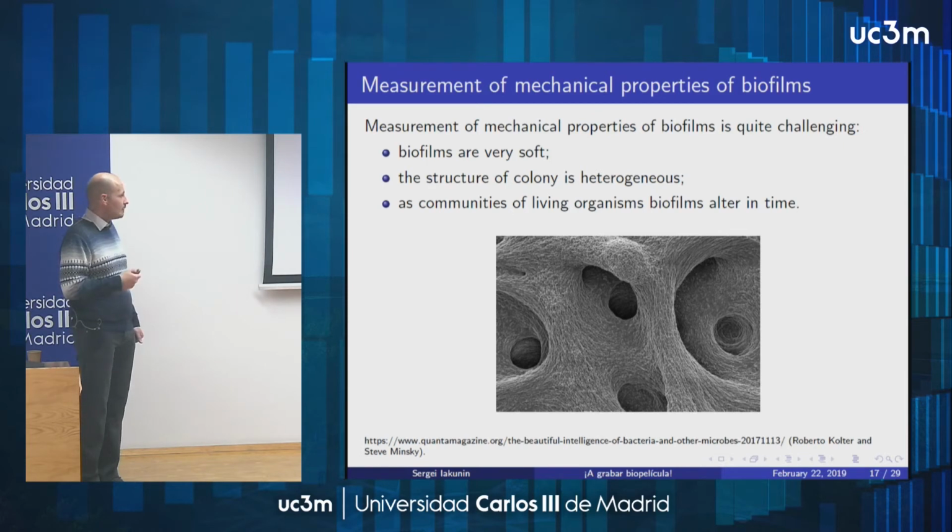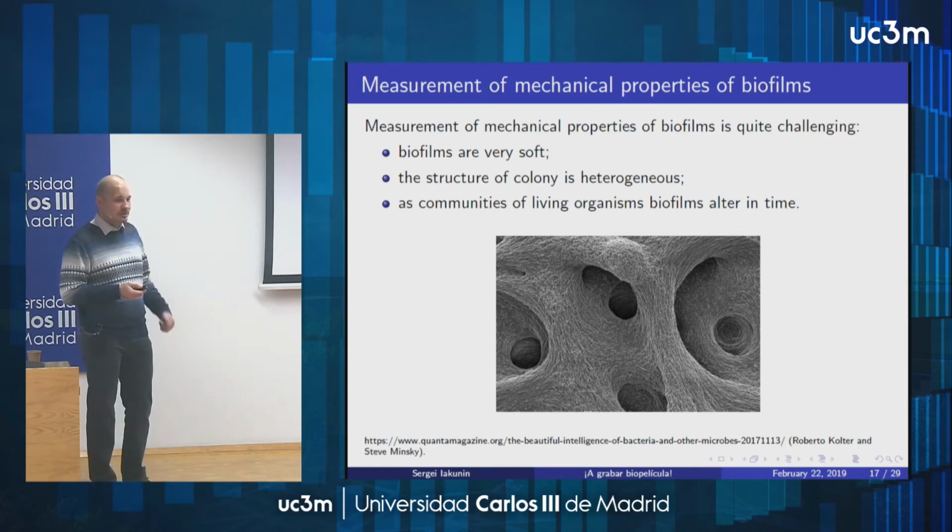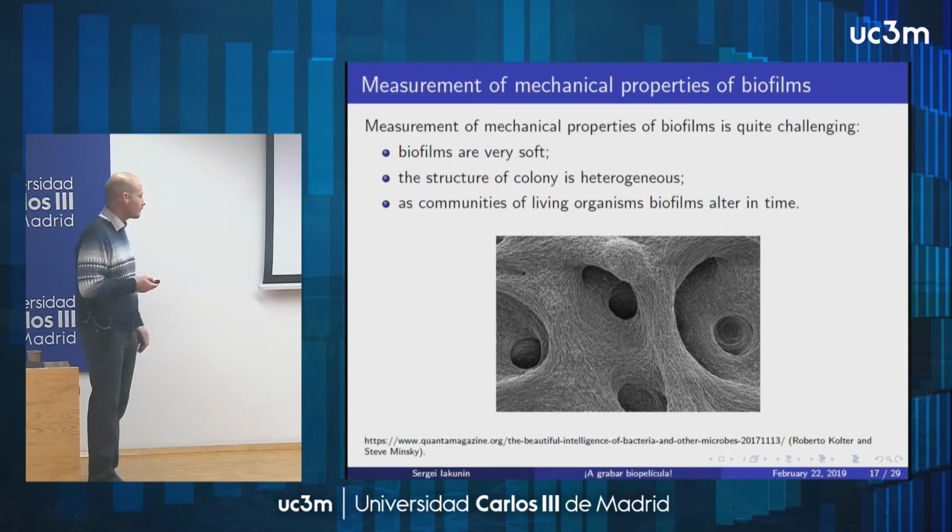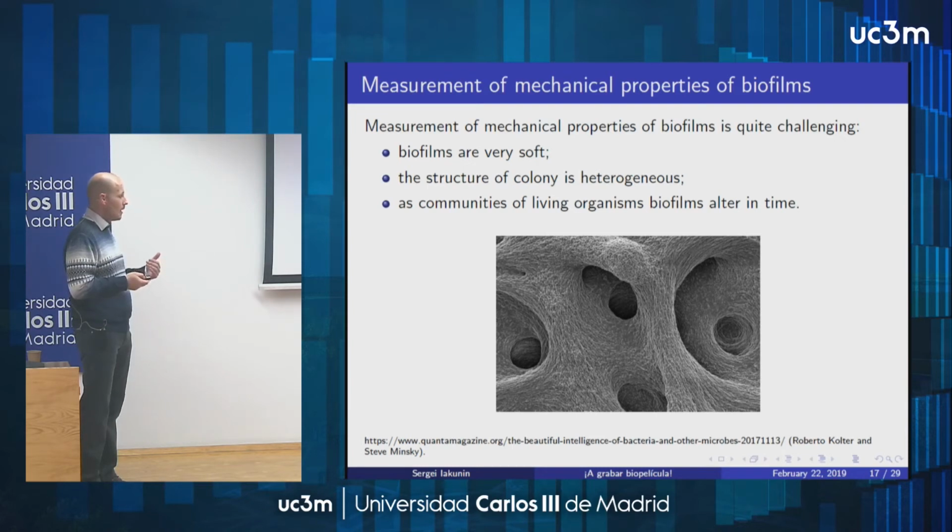And finally, biofilm alters in time, so if we measure properties for young biofilm, they can be different from properties for mature or large biofilm. So this is why we want to have a model of how these properties can be measured and how we can see their evolution in time due to bacterial growth.